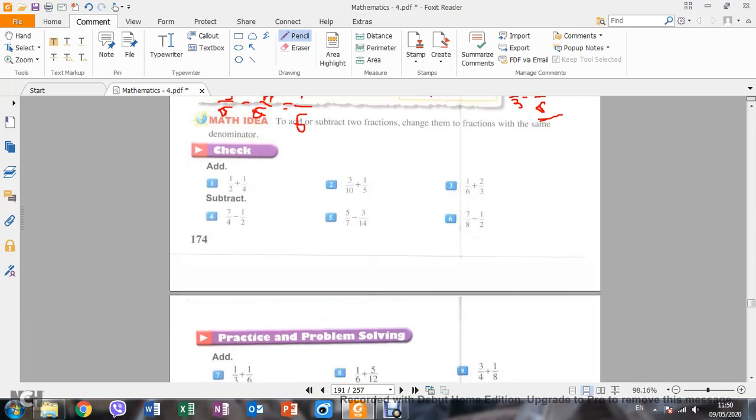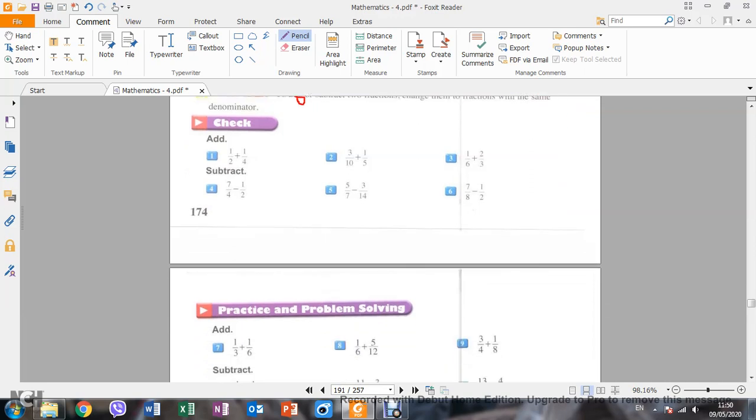Now in this exercise, it tells us to add. In the exam I give you questions like this: add or subtract. Okay, if I tell you to add, for example, number 2, add 3/10 plus 1/5.